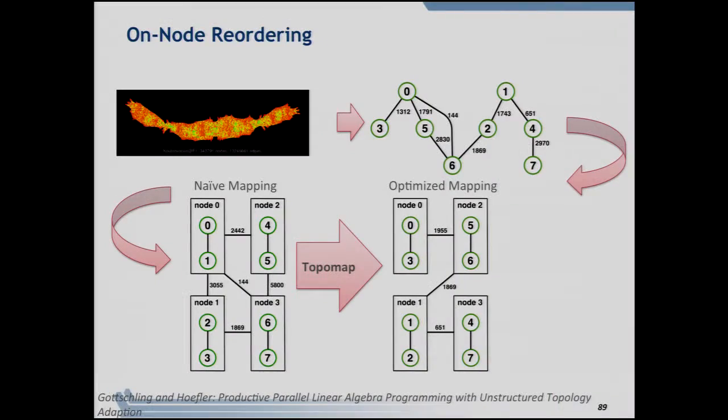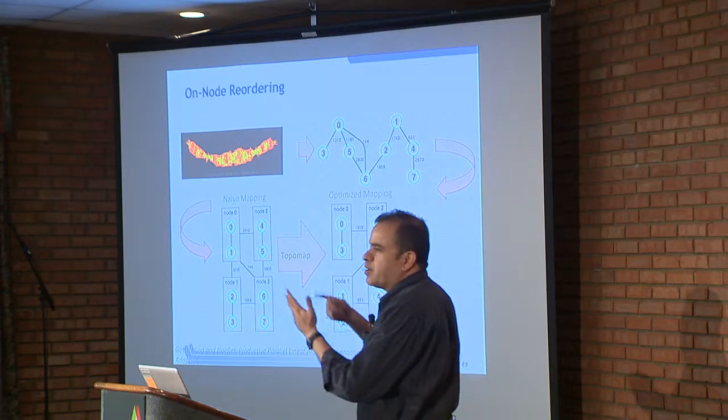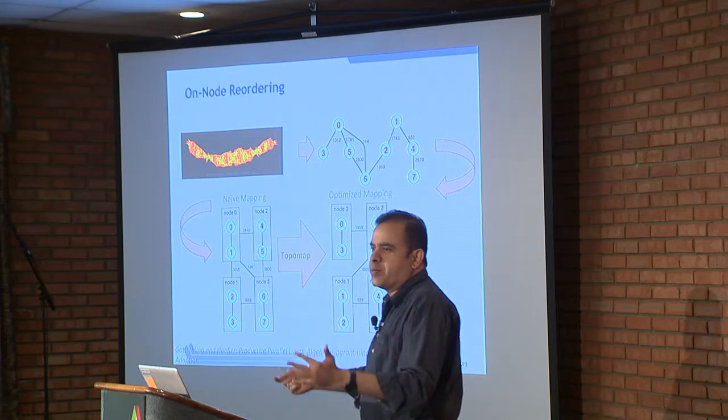So let's say you have an application producing some kind of scientific code, and let's say you run it on 8 ranks, and these are the 8 ranks, and this graph represents the communication between the ranks. It could be the number of messages, it could be the number of megabytes, whatever.